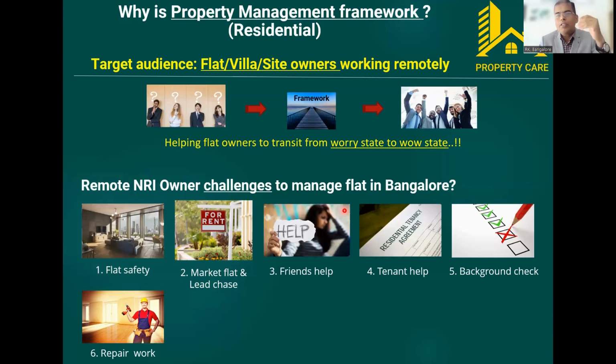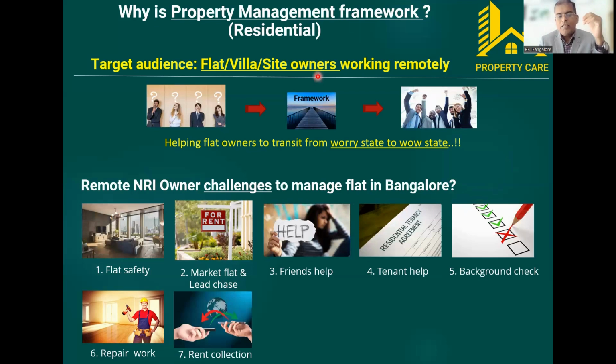I am seeing a few owners telling the tenant to get it done and deduct whatever the charge from the deposit or the rent. And we don't know who will come, how they do the work, whether they are qualified vendors. So like this, owners have to face a lot of challenges.